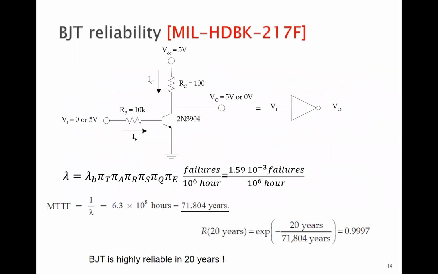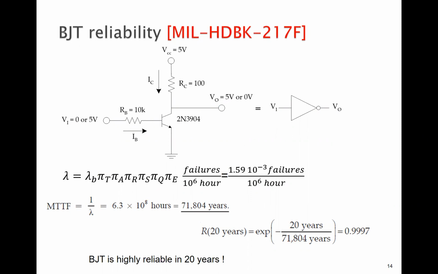Here I'm giving an example, BJT reliability. Suppose that this BJT is used in a missile launcher. It has resistors together in operational conditions. Important here.